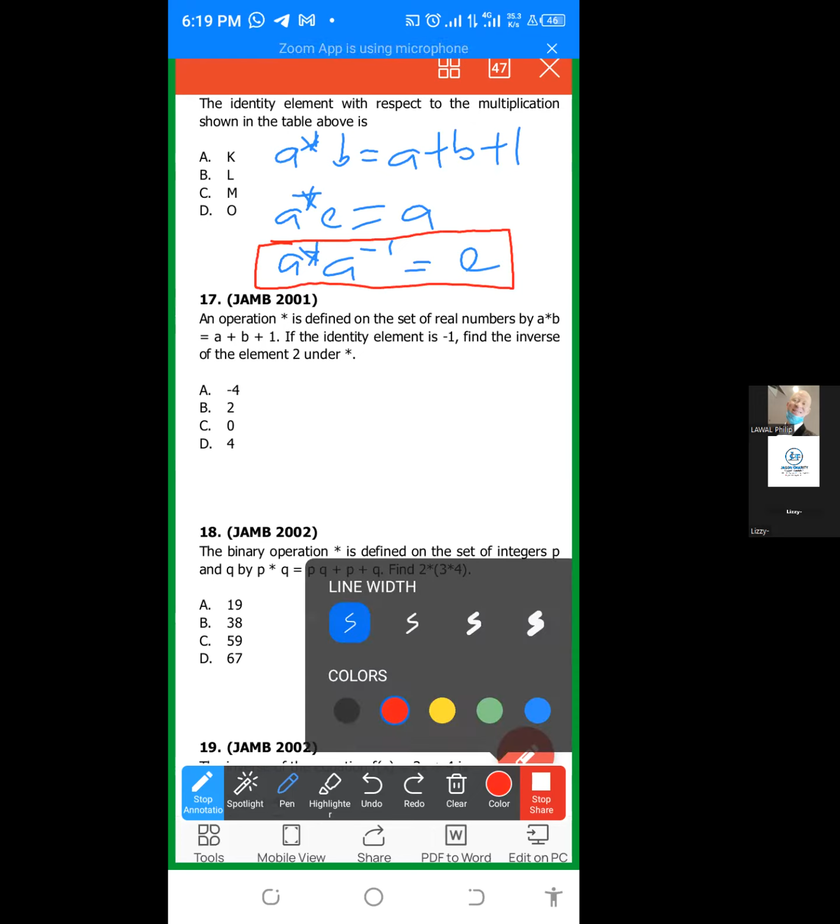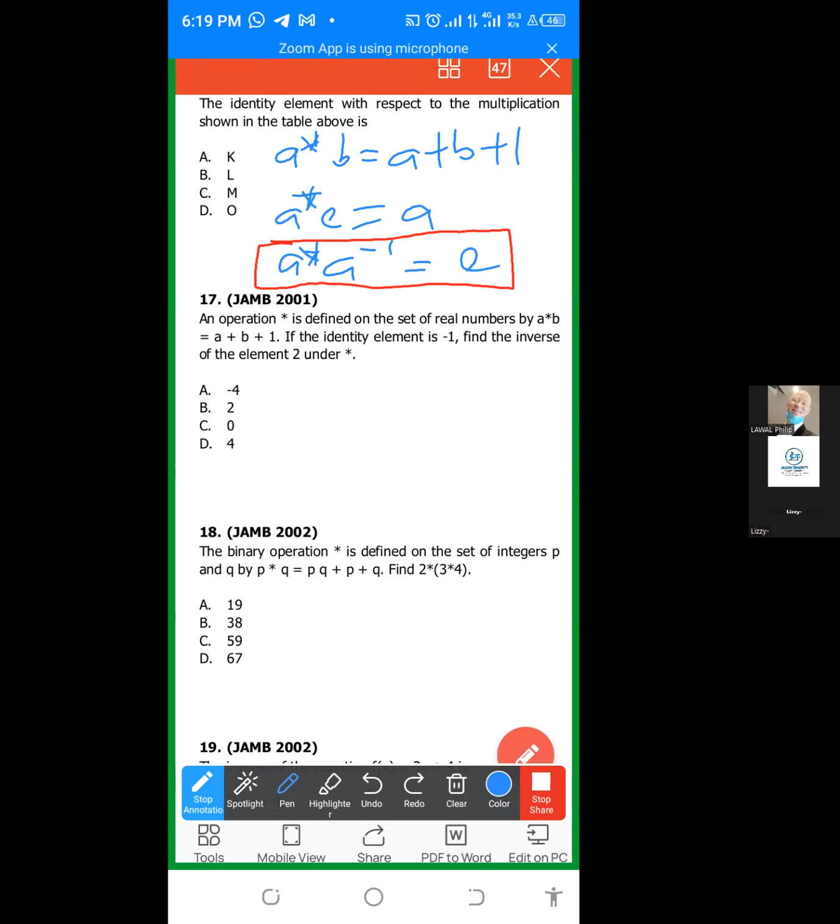Then I'm going to continue and say A star A inverse. Instead of A star B, I replace B with A inverse because I need to get A inverse. So A star A inverse will be equal to A plus A inverse plus 1.